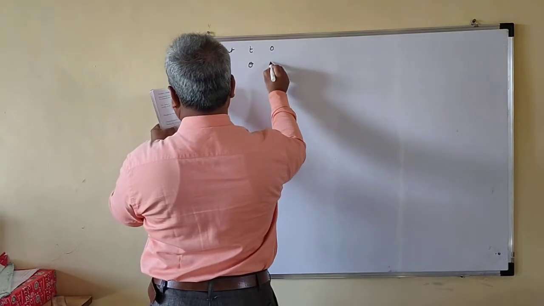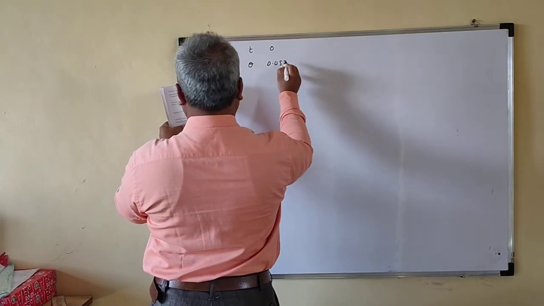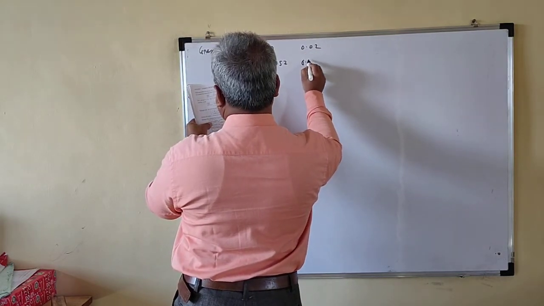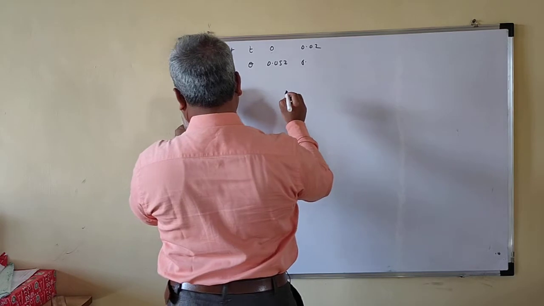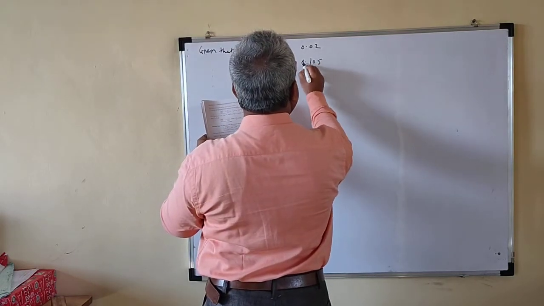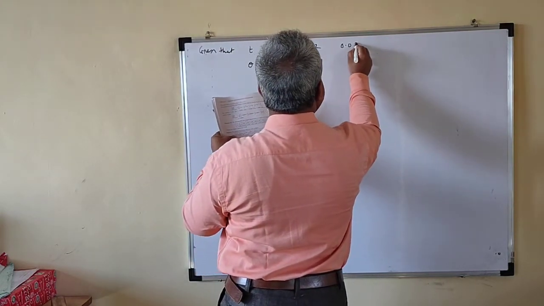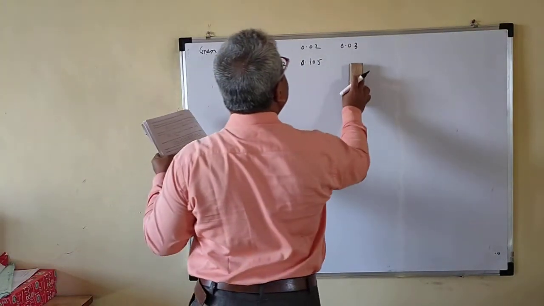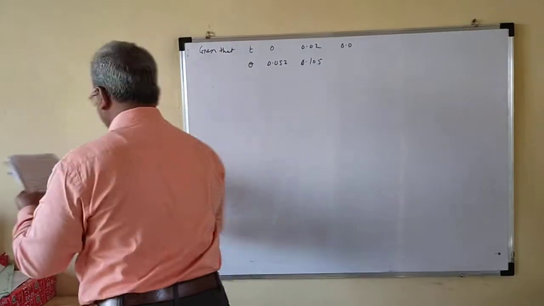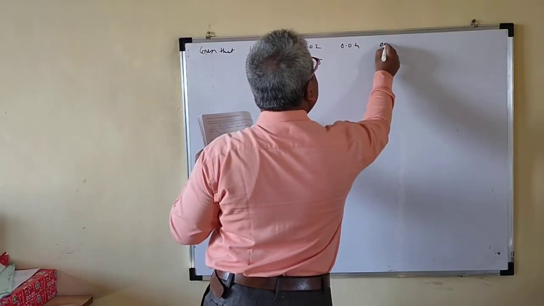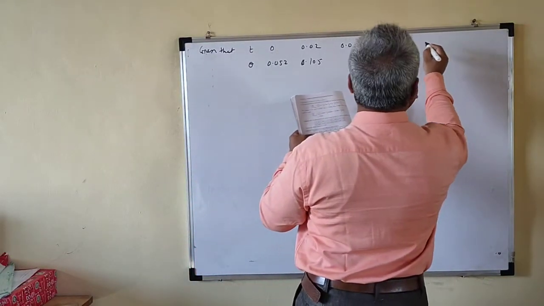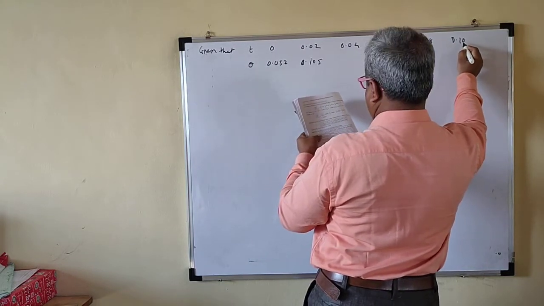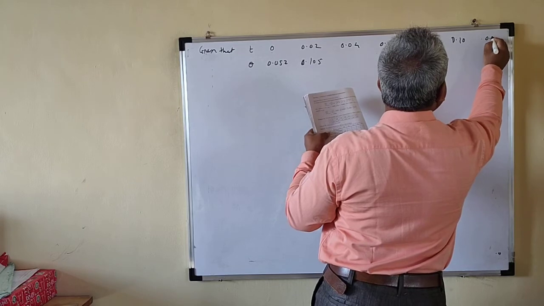The t values are 0.02, 0.04, 0.06, 0.08, 0.10, and 0.12.